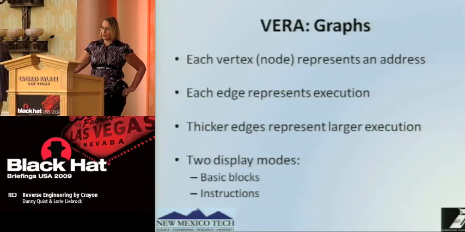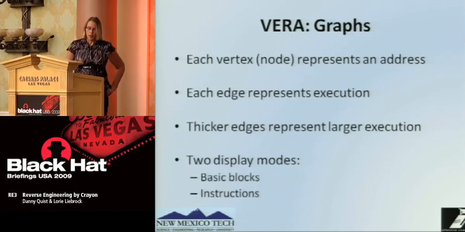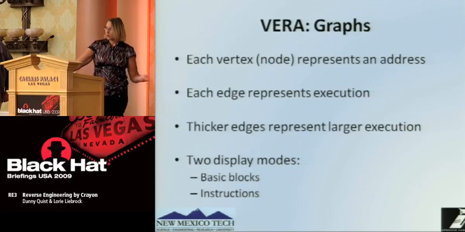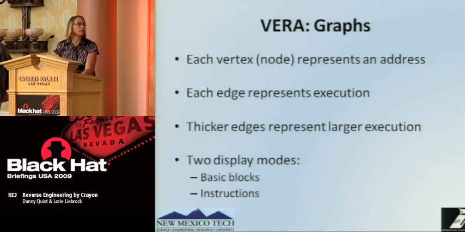You can look at basic blocks, which is going to give you a little bit coarser granularity than the instruction view, because we collapse all of the instructions in a basic block into one node. The edges represent the transition or execution. As you go from one instruction to the next, you get an edge in the graph, and then during the execution, it's counting how many times that transition was made. The more times the transition is made, the thicker the edge is going to be in the graph.